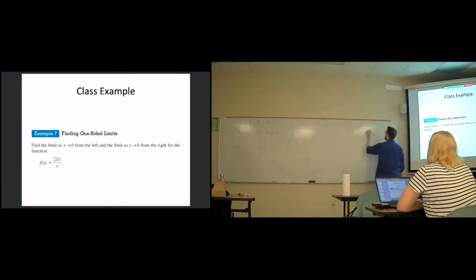So this is going to come out to be -2 and 2. This actually reduces really nicely to whenever x is less than 0, and whenever x is greater than or equal to 0.